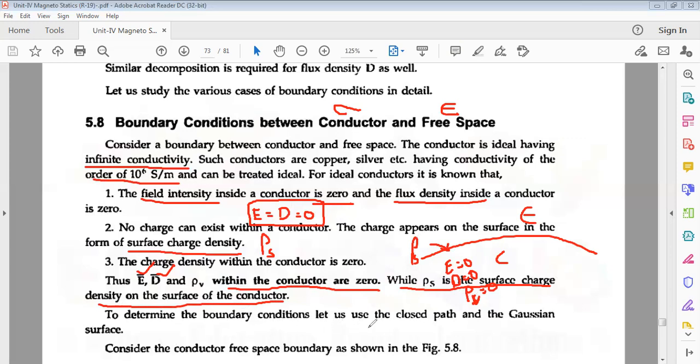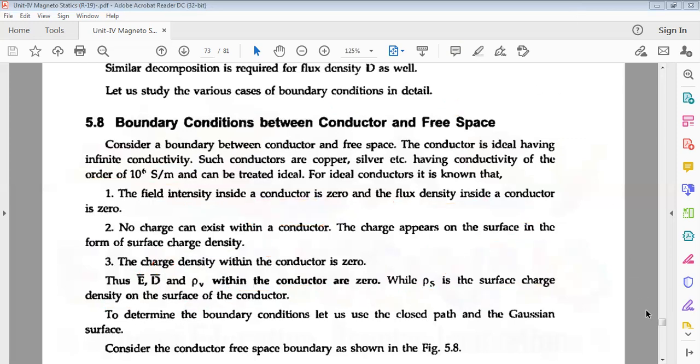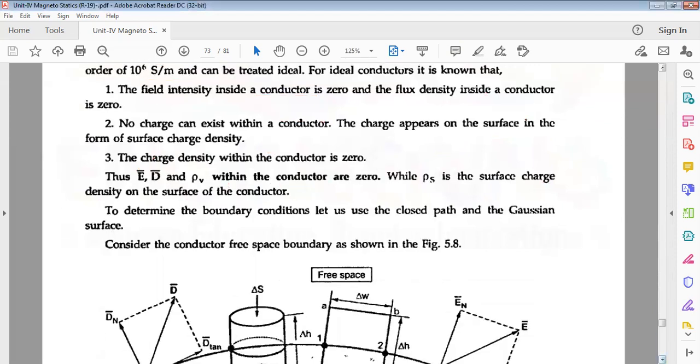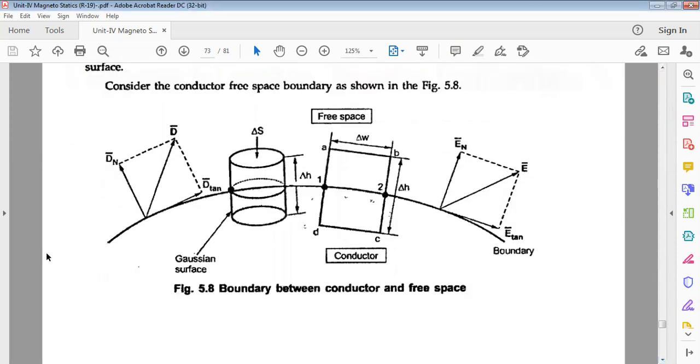To determine the boundary conditions, let us use the closed path of the Gaussian surface. In the figure, this is very, very important, my students, so listen carefully. A boundary line, if I am taking here, below the boundary there is a conductor.